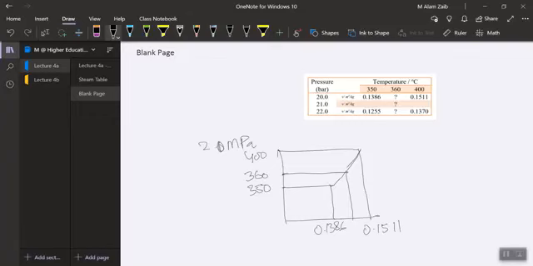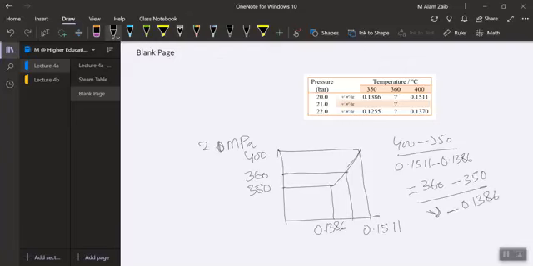So what I mean to say is, 400 minus 350 divided by 0.1511 minus 0.1386 should be equal to 360 minus 350 divided by the volume which needs to be found minus 0.1386.